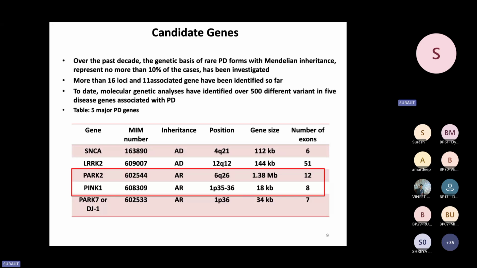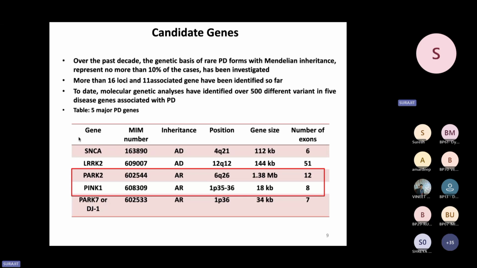Over the past decade, the genetic basis of rare PD forms with Mendelian inheritance was found, representing no more than 10% of the cases investigated. More than 16 loci and 11 associated genes have been identified. Of these, there are still 5 important Parkinson disease causing genes.